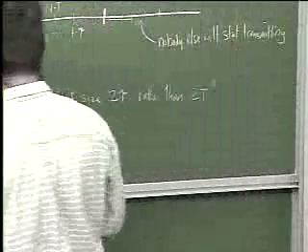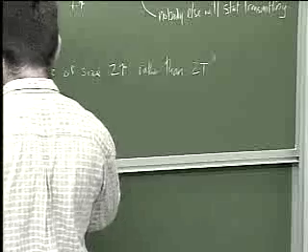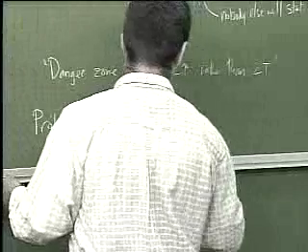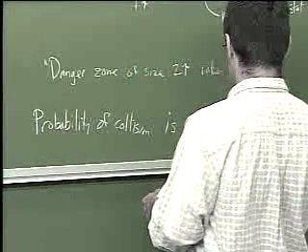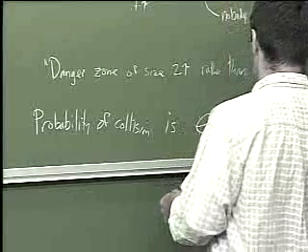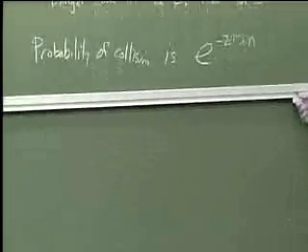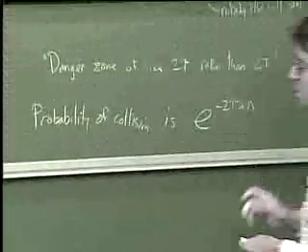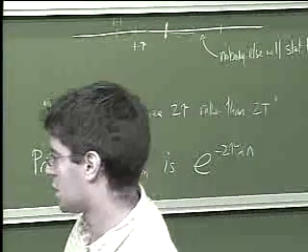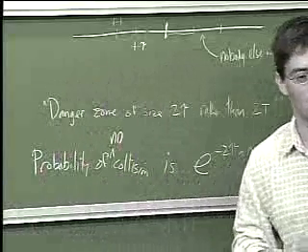So the probability of a collision now is e to the minus 2 tau lambda n. Sorry, probability of no collision. I hope I said that before too. Yeah, probability of successful transmission. Probability of no collision. Yeah, that's right.